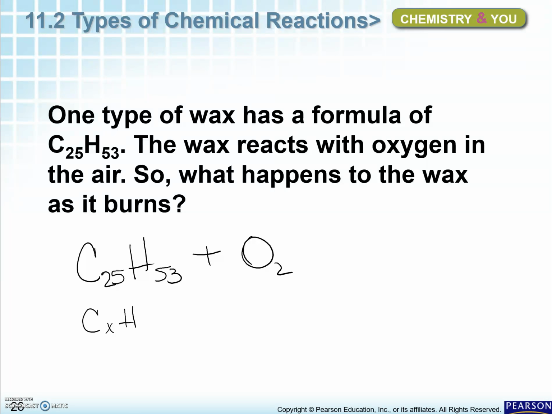Automatically, these two reactants should remind you of the general formula for a combustion reaction. So you should know that it produces the two products of carbon dioxide and water. You can predict the products of all these different types of equations just from knowing what two things are being added together.